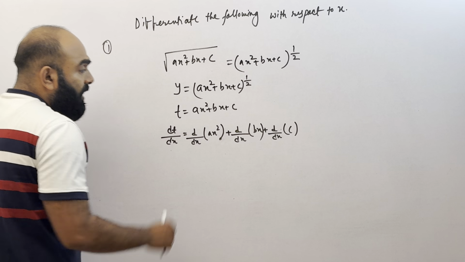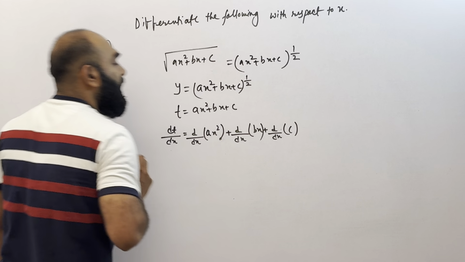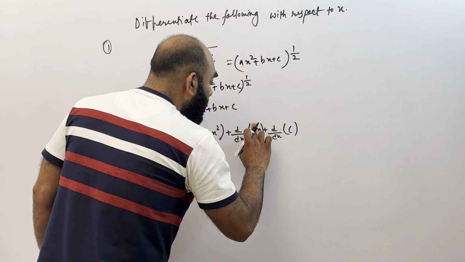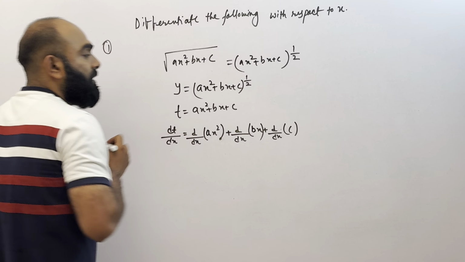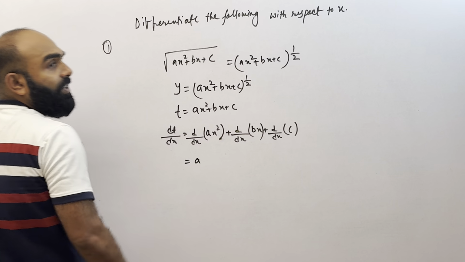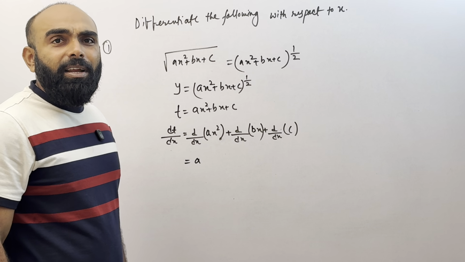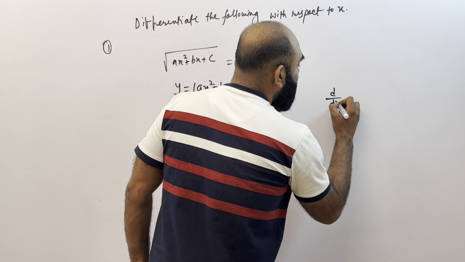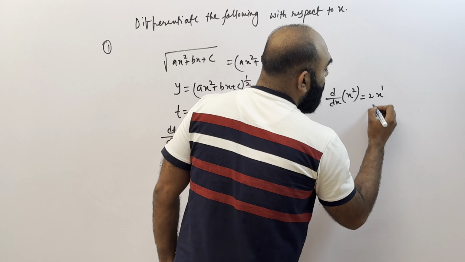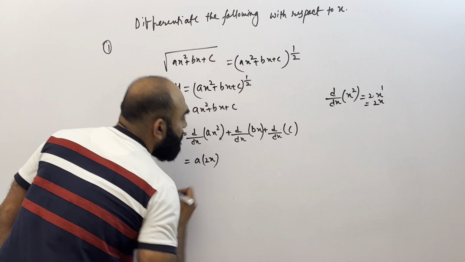Now, if a constant is multiplied with the variable, here a is the constant in ax square, so take the constant outside, and tell me d by dx of x square. That is the x to the power n form, so n into x to the power n minus 1, that is 2x.